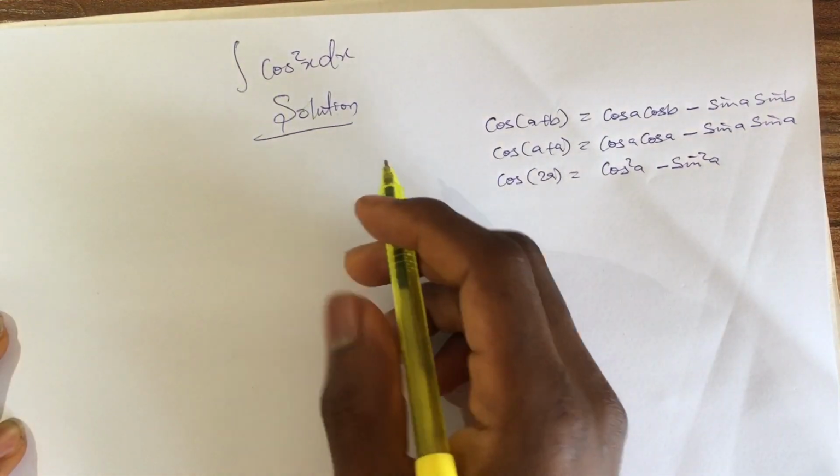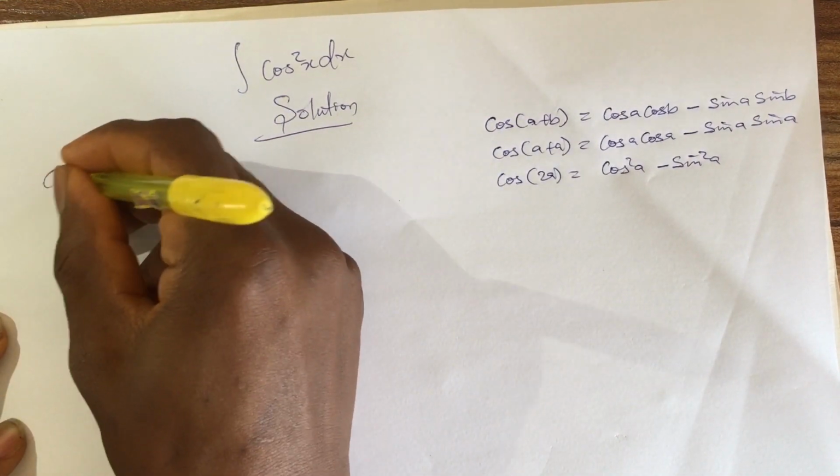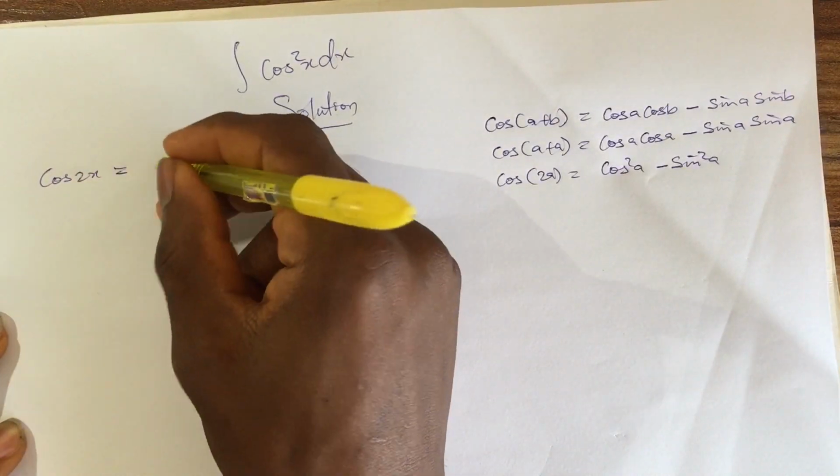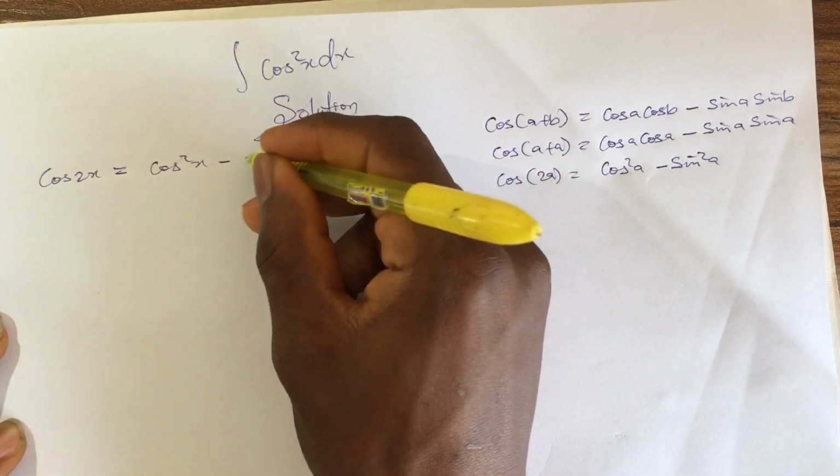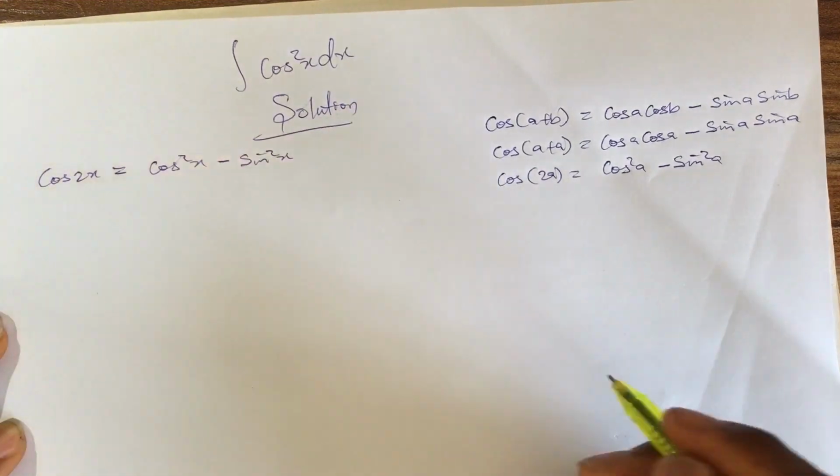Since we are dealing with x, we have it here that cos 2x is equal to cos²x minus sin²x.